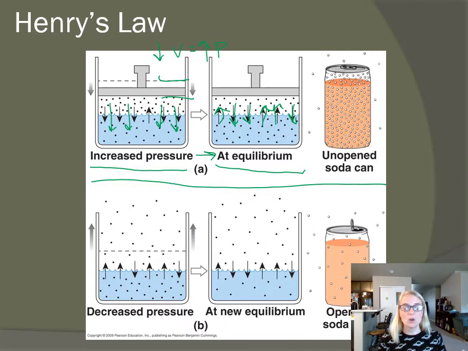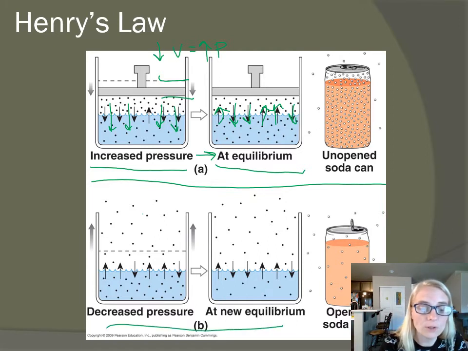Well, why is that? When you break that seal on your bottle or open your can, you've just basically opened up the volume of that container to the volume of our entire atmosphere, right? You've completely taken the lid off. So that's what we're seeing down here: the volume has gotten huge.